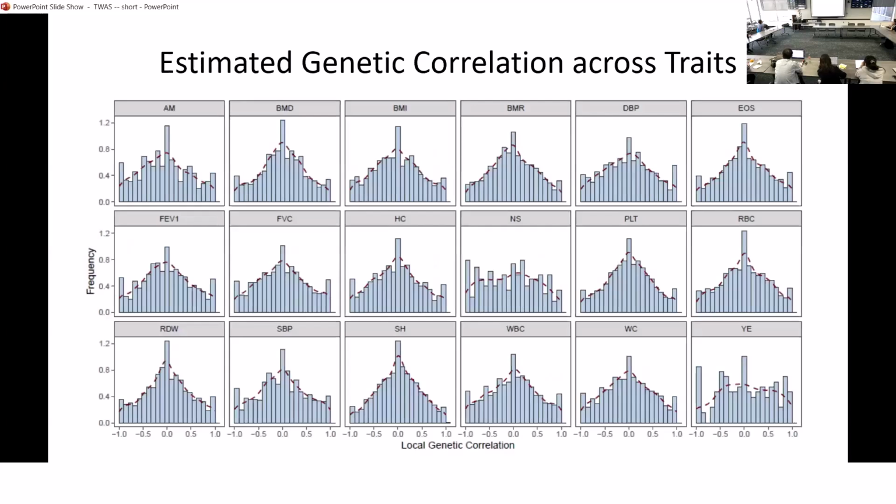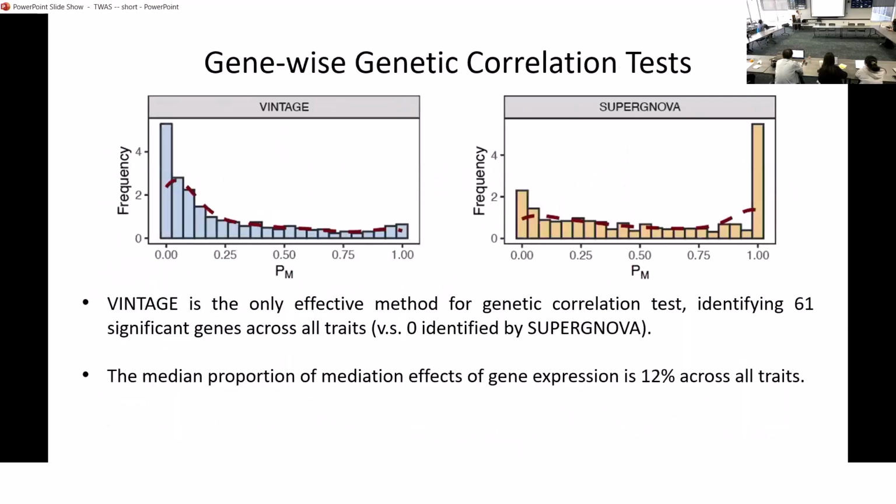The reason SCATTER works better is because for most genes, the gene expression mediation percentage is very low. You can see that across 18 traits, the estimated R is always concentrated around 0, with the average around 10 to 12%, very consistent with the previous literature, indicating that SCATTER makes a better assumption than TWAS does.